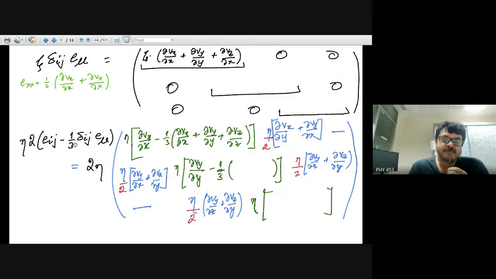But if the diagonal terms happen to be 0, as will be the case for simple fluids, because you have 3 terms here, and that will be equal to this, so it will cancel off. So in general this will be 0 for simple Newtonian fluids, and then you will have essentially only these terms, del Vx del y, del Vy del x, and eta by 2, because this is eta ij.